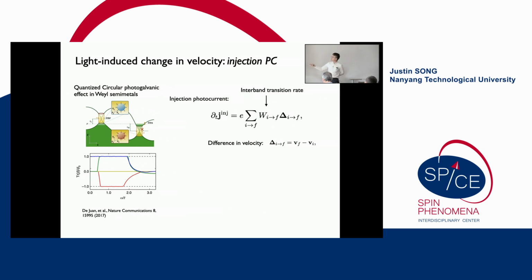And this is the reason why in a simple two-band model I will get this kind of quantized photogalvanic effect. But the key point here is that you're using light and your optical selection rules to selectively select particular parts of your distribution function to excite, so much so that you get a very highly out of equilibrium distribution function that can pick up different velocities on different sides of your Brillouin zone.